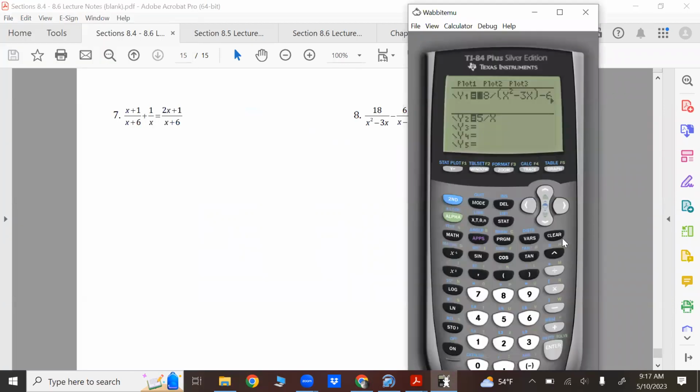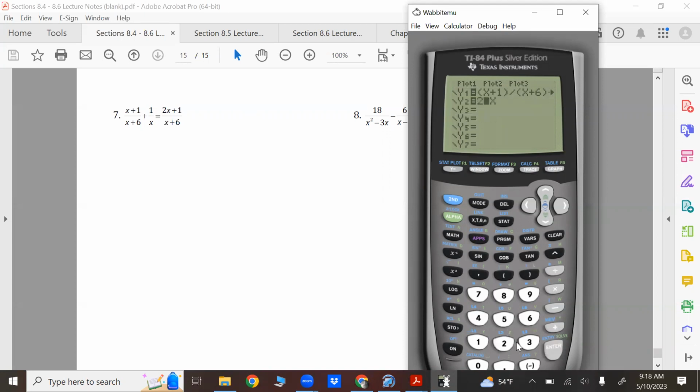For number 7, I'm going to do parentheses x plus 1 divided by parentheses x plus 6, and then plus, in parentheses, 1 over x. Again, be very OCD with your parentheses, please.